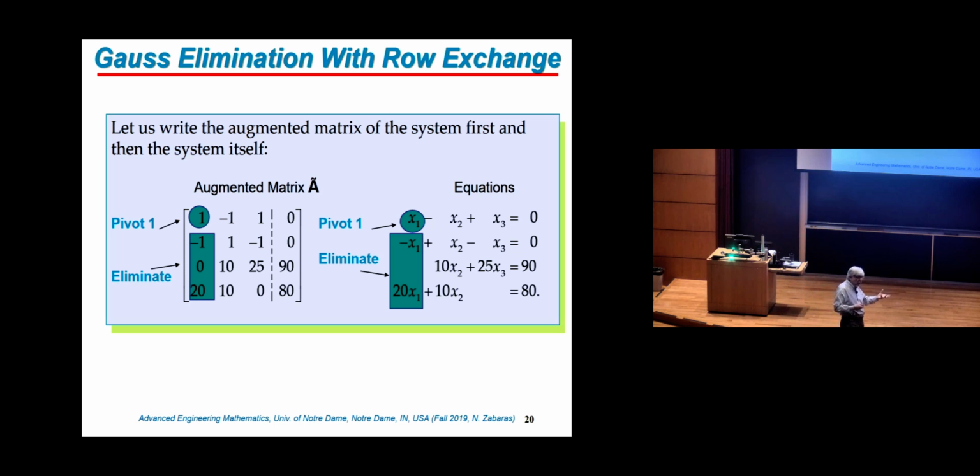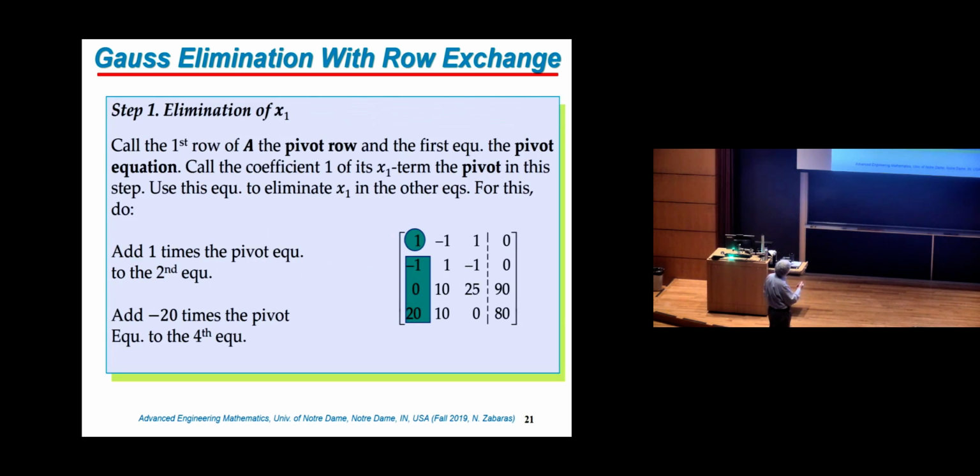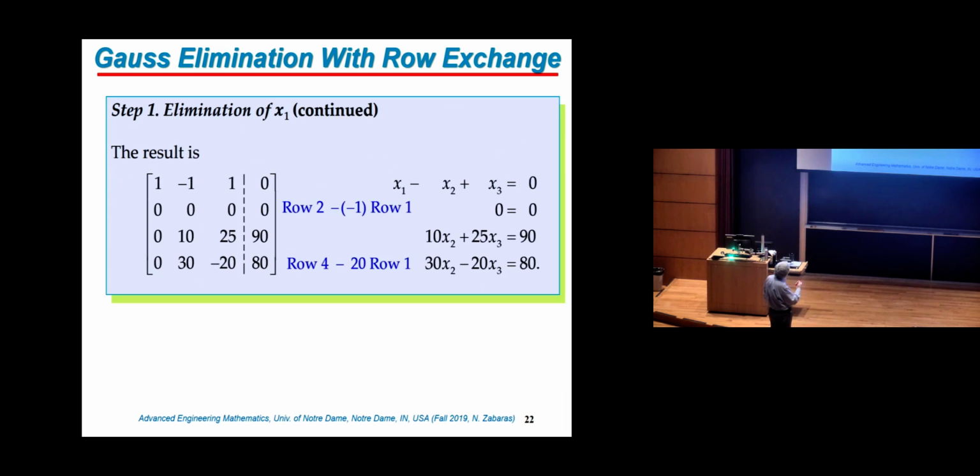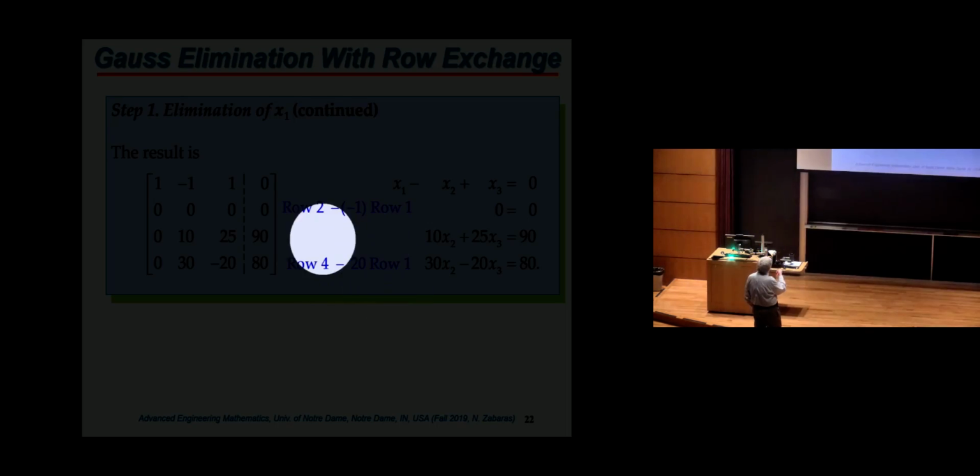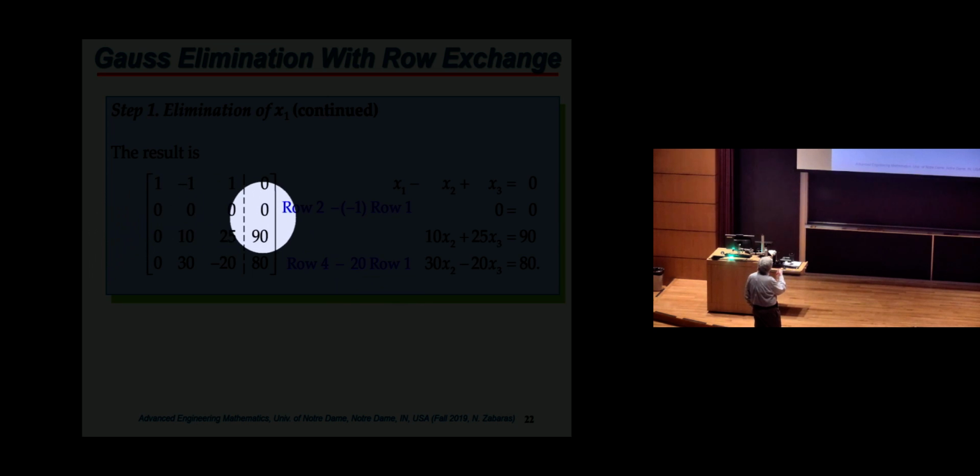How much of row 1 do I subtract? -1. And similarly, for this element, I'm going to subtract 20. When you do this and go to the next step, the second row becomes 0, 0, 0, 0. The whole second row disappears.